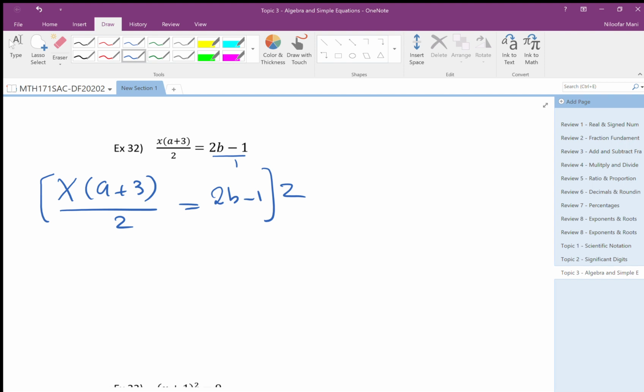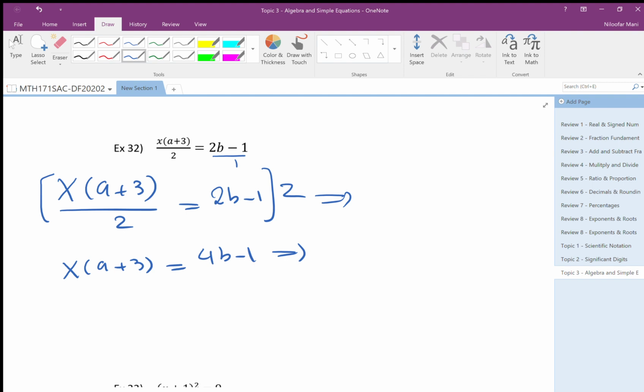Then it is x times a plus 3 equal 4b minus 1. I can multiply x with a and x with 3 because you have to follow BEDMAS. But what do I want to do? I want to solve for x.